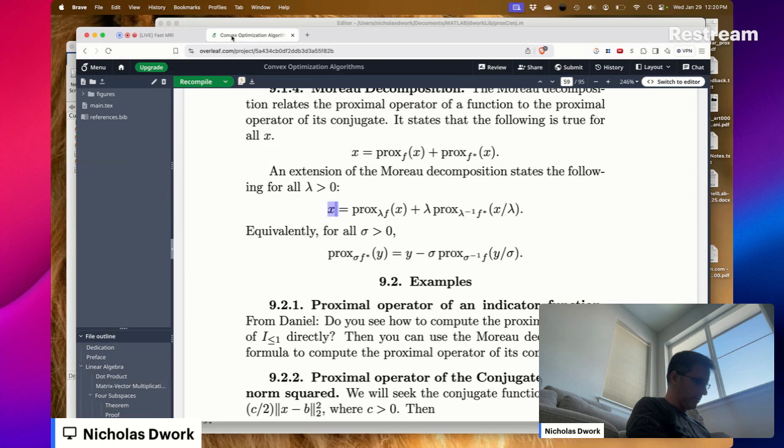So then y is equal to x sigma. So we've got y. Now going to the second line, we're going to replace x in the first line, that highlighted x, with y over sigma. Prox lambda f becomes prox sigma inverse f. X again gets y over sigma in it.